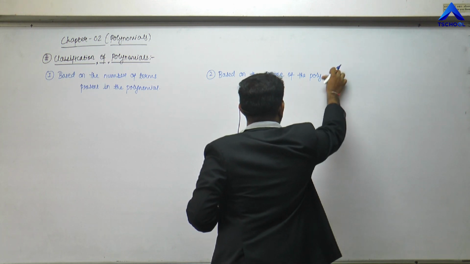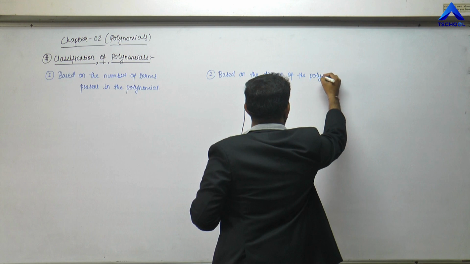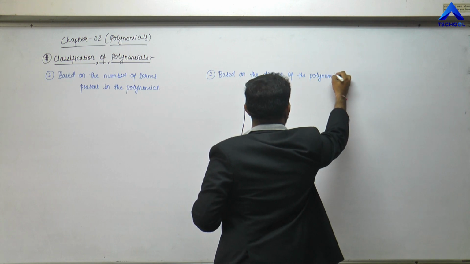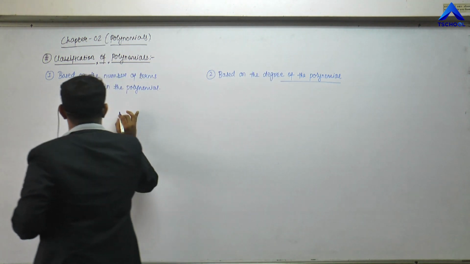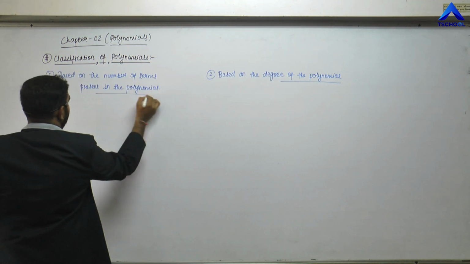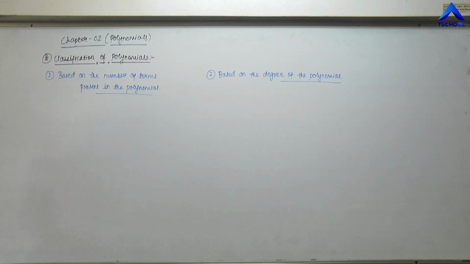The second one is based on the degree of the polynomial, right? It is based on the degree of the polynomial, and it is based on the number of terms present in the polynomial. So friends, let us first of all discuss the number of terms present in the polynomial.